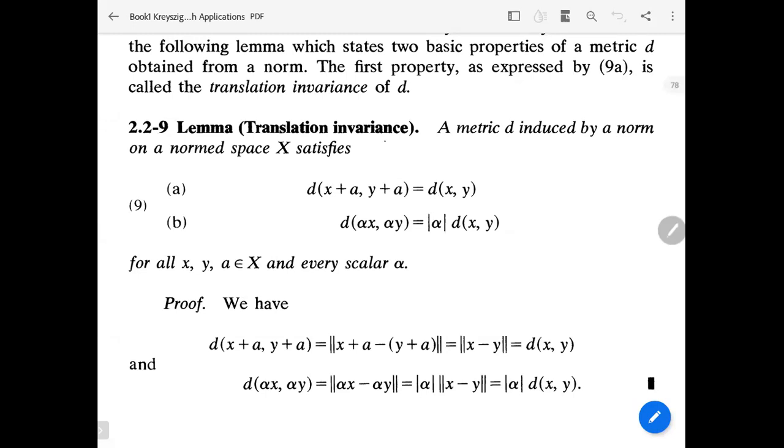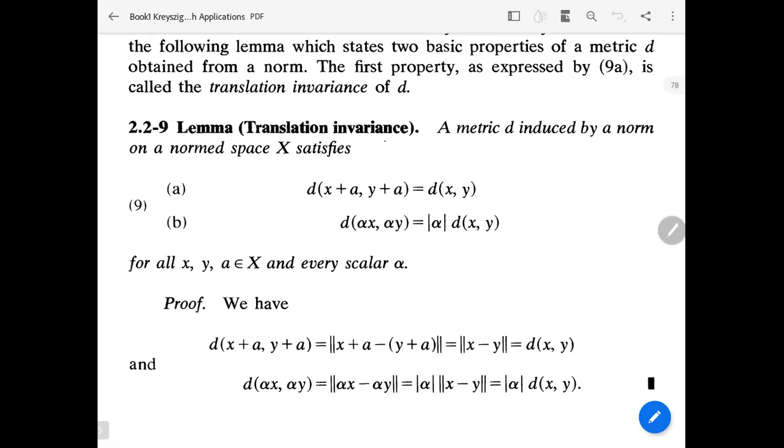The other property is that the distance between alpha times x and alpha times y is equal to the absolute value of alpha times d(x,y). So these two properties are satisfied by a metric induced by a norm. In other words, if these two properties are not satisfied, then the metric is not induced by a norm.